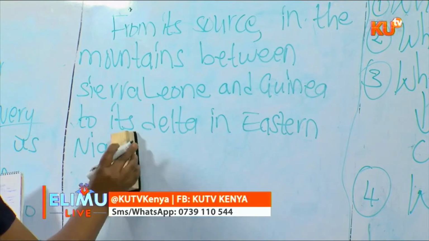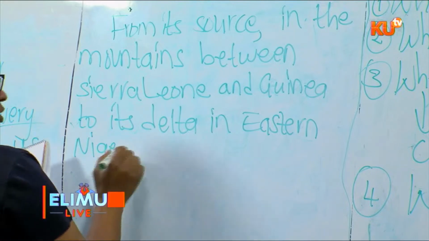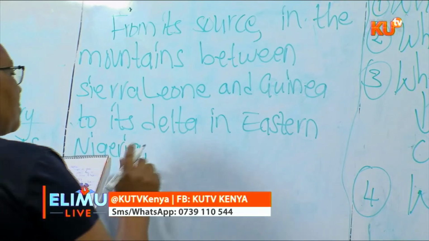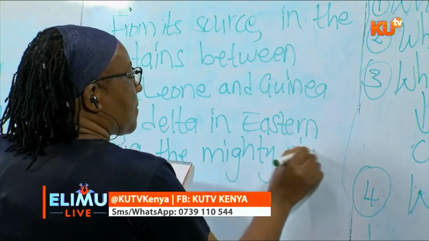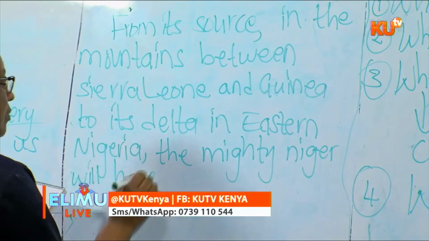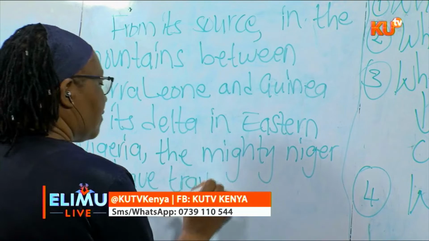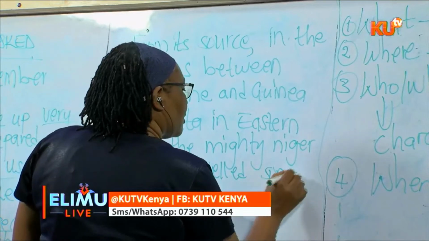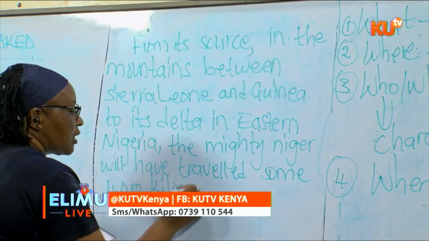From its source in the mountains between Sierra Leone and Guinea to its delta in eastern Nigeria, the mighty Niger will have traveled some 4,000 kilometers.